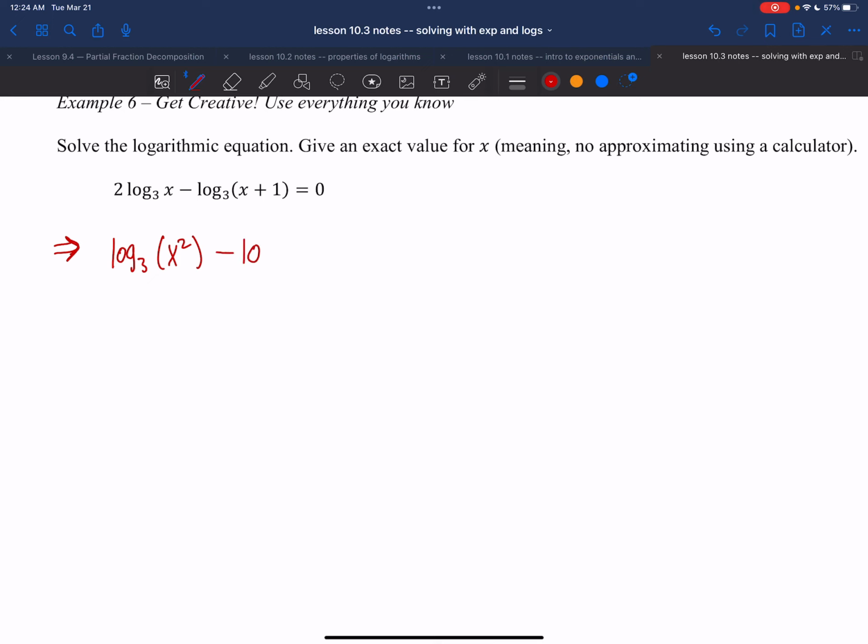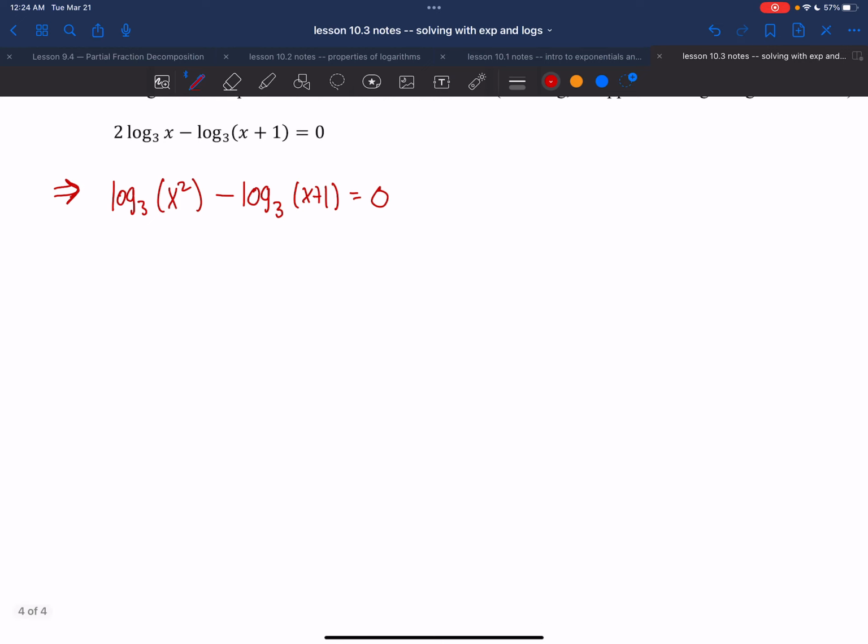And this is minus log base 3 of x plus 1 is equal to 0. Now, since they're the same log, they're both log base 3, here I'll say by power rule of log. And now for the next one, I'll say by the quotient rule of log.